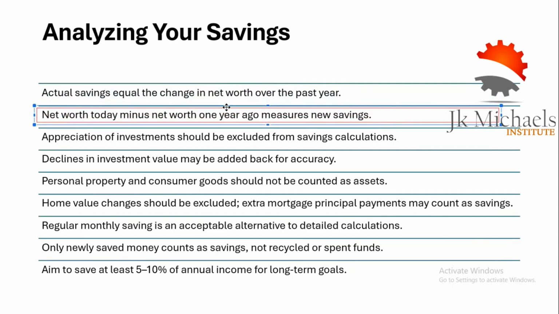Net worth today minus net worth of 1 year ago measures your new savings. So the change in your net worth will be what is cumulatively used to gain or acquire assets from your income and expenditure statement.